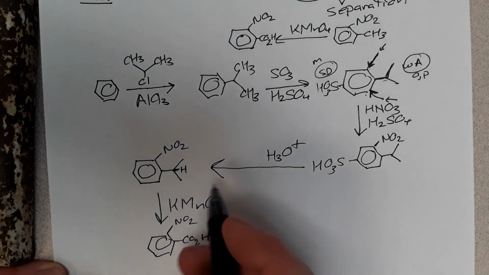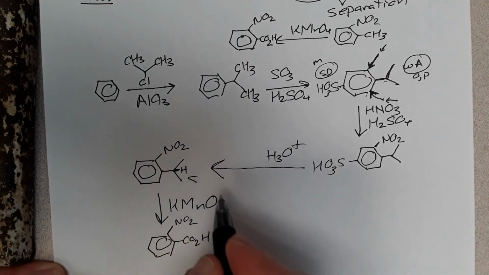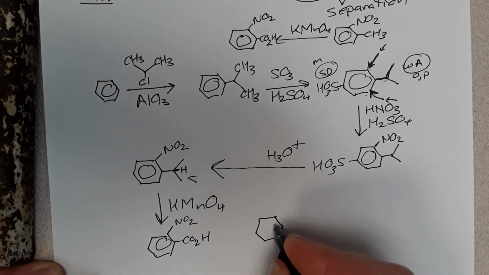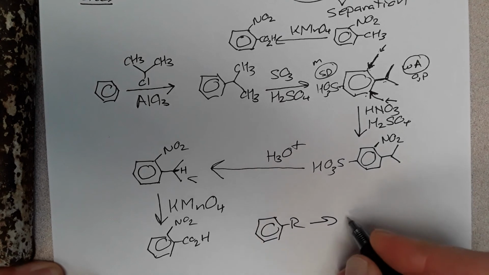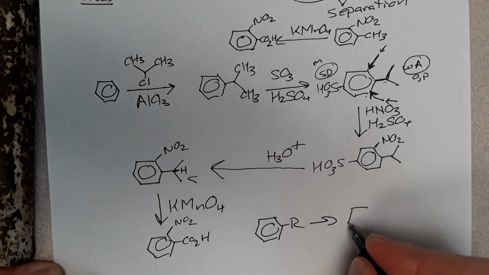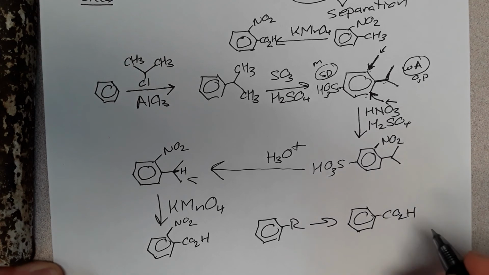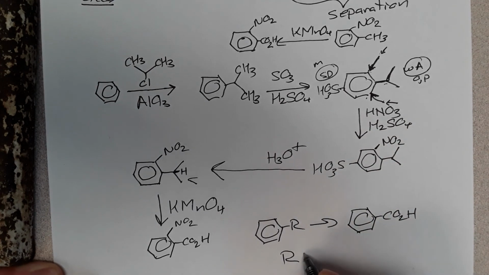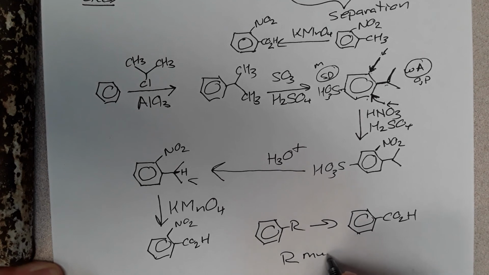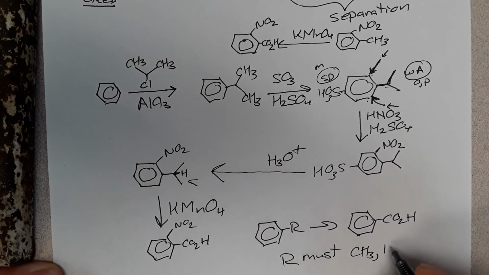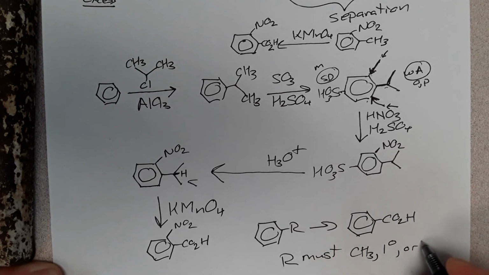So basically, this conversion of an R group to a carboxylic acid only works if the R must be either a methyl group or a primary or a secondary.